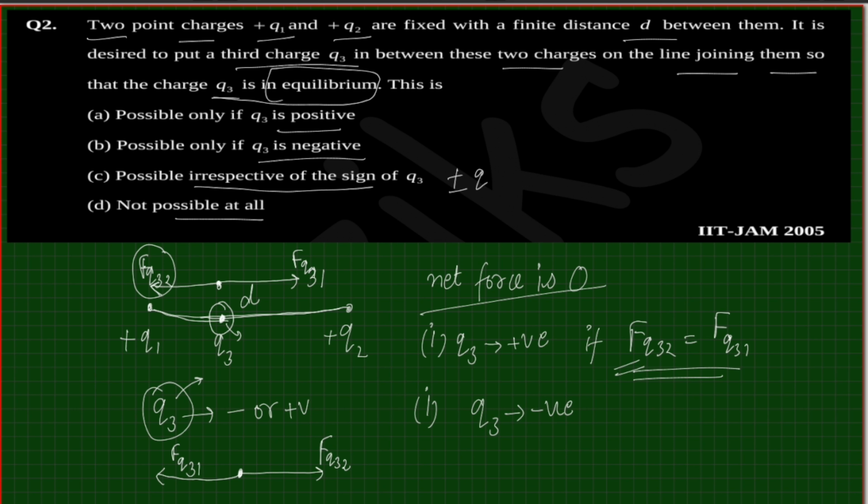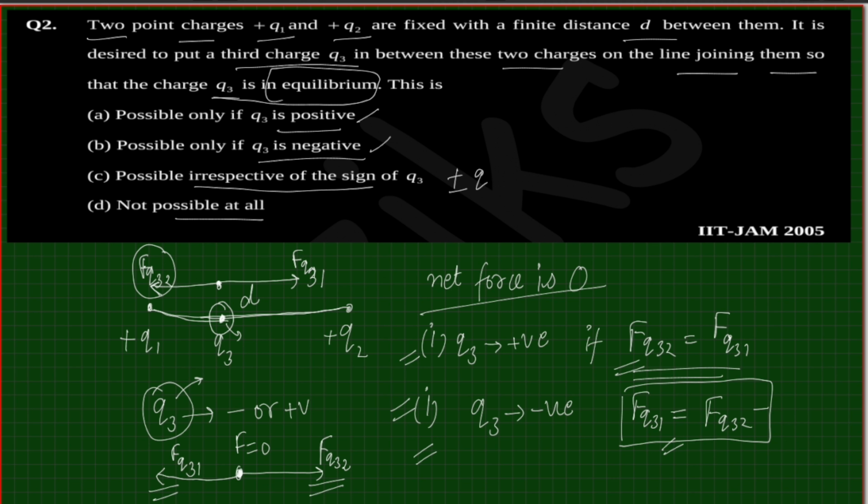So this may also happen. The force on Q3 due to Q1 and the force due to Q2 are equal. In such a case, these forces may cancel out each other, and the net force on Q3 is 0. This can also happen. So whether Q3 is positive or negative, the condition may be satisfied.